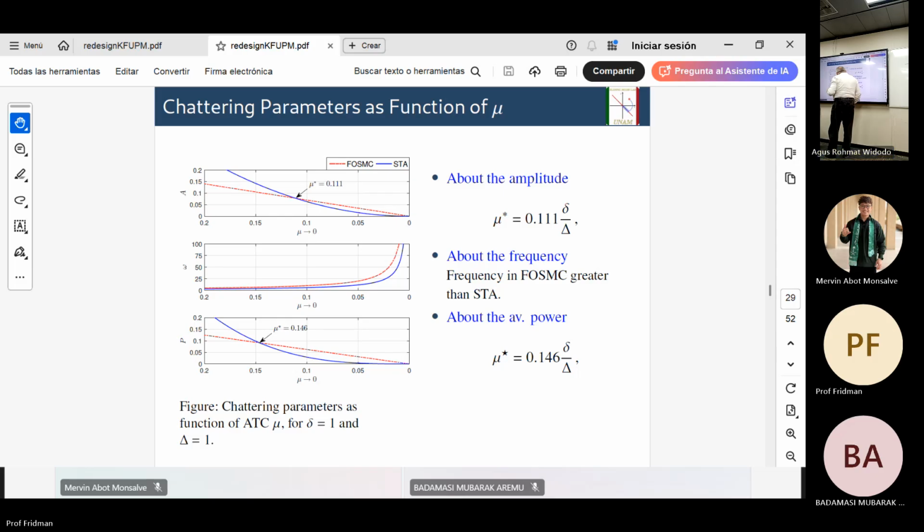traditional relay. Here, what one can see, that if your actuators are fast enough, it is good to use continuous.